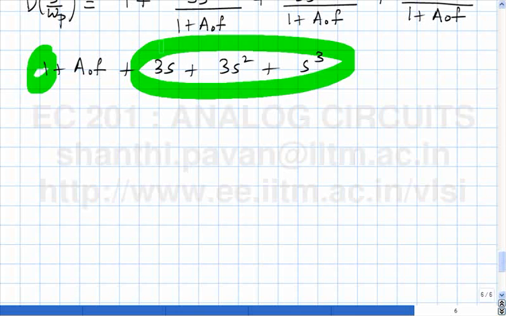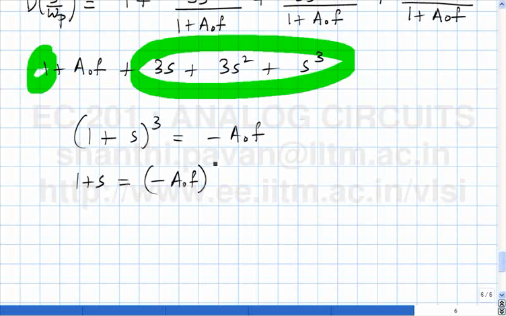Look at this and say this is 1 plus S the whole cube must be equal to minus A naught F. So 1 plus S must be equal to A naught F the whole part 1/3. So the roots must be minus 1 plus minus A naught F the whole part 1/3.